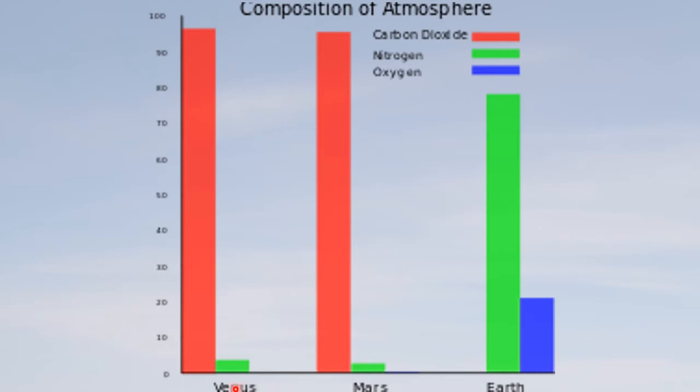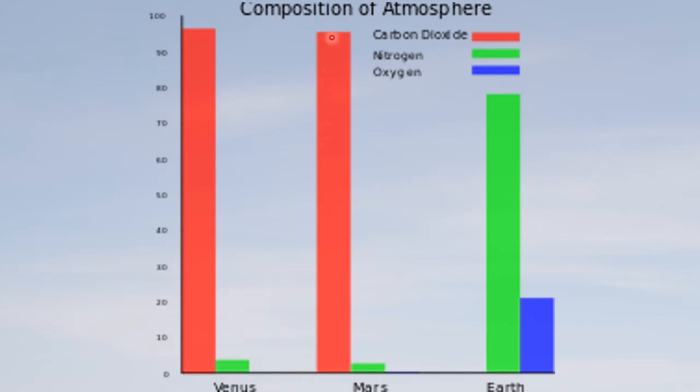So when we look at this graph, we have Venus, Mars, and Earth. These are the percentages of our gases that are found. Our carbon dioxide is red, nitrogen is green, and oxygen is blue. When we look at Venus, you can see the majority of it is carbon dioxide with a very small amount of nitrogen. Mars is the same way.